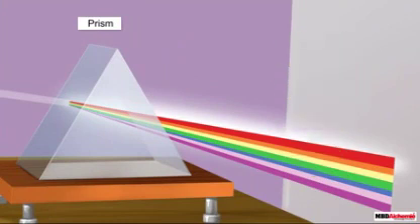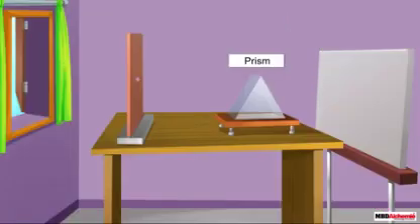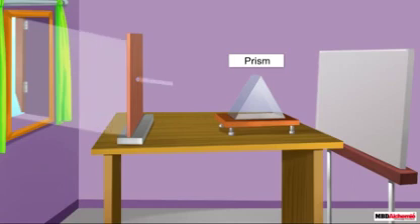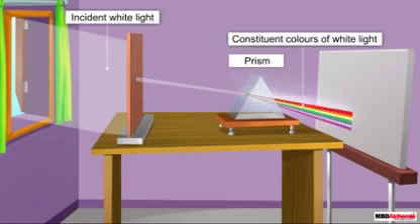Actually, the white light consists of 7 colors, namely violet, indigo, blue, green, yellow, orange and red, which we saw as the band of colors. When the white light coming from the sunlight falls on the prism, it splits this incident white light into its constituent colors.